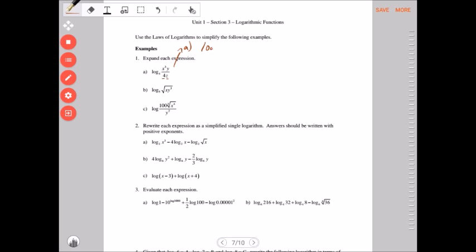So this is going to be log base 4 of x cubed plus log base 4 of y, minus log base 4 of 4 minus log base 4 of z. Both the 4 and the z are on the bottom, my goodness, guys, I'm so sorry. So we separate those out into 2 negative logs each.